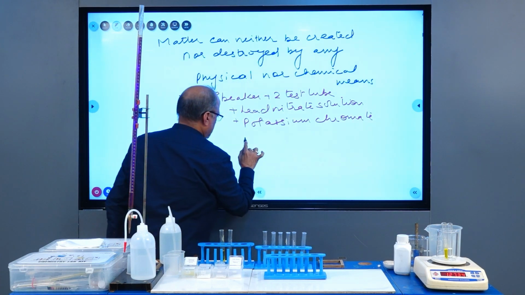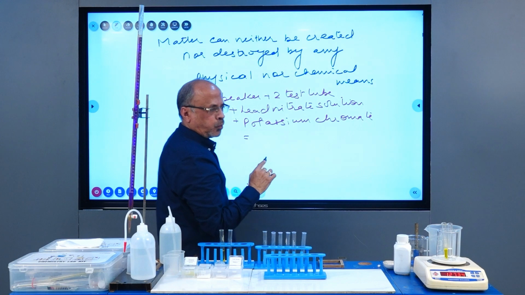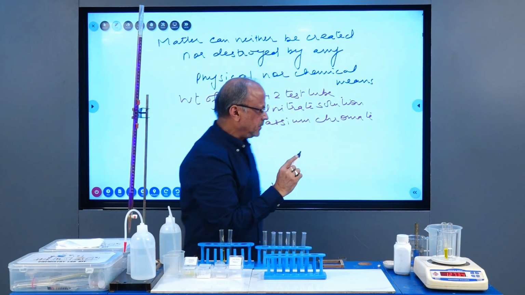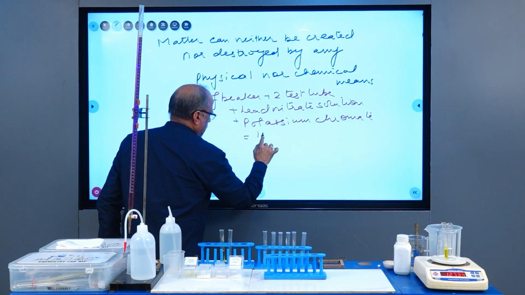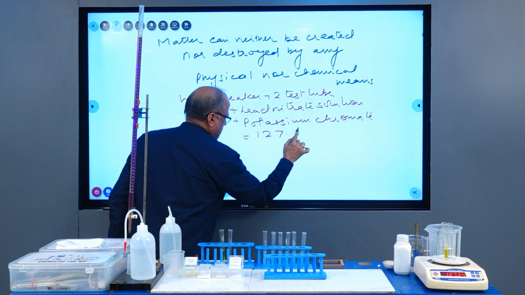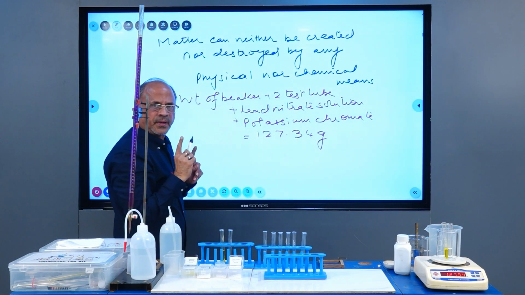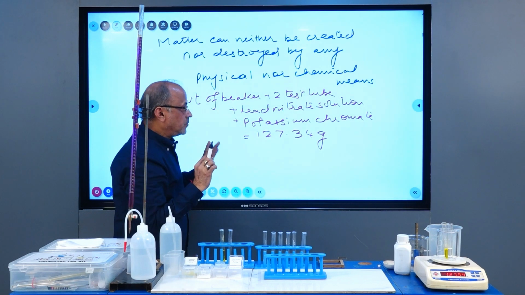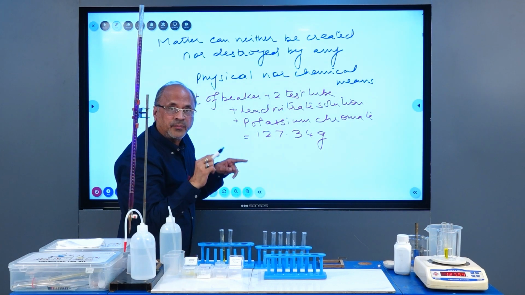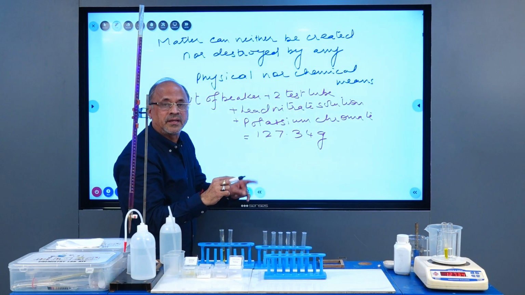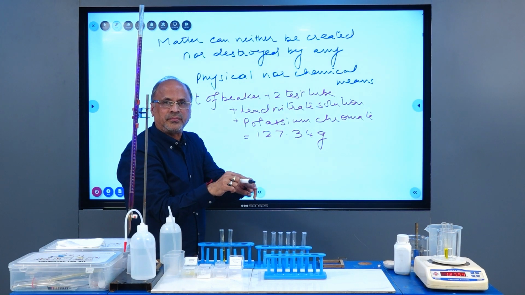What is the weight equal to, students? It is 127.34 grams. I have not yet performed the reaction. Now I am going to perform the reaction. I will mix them now.